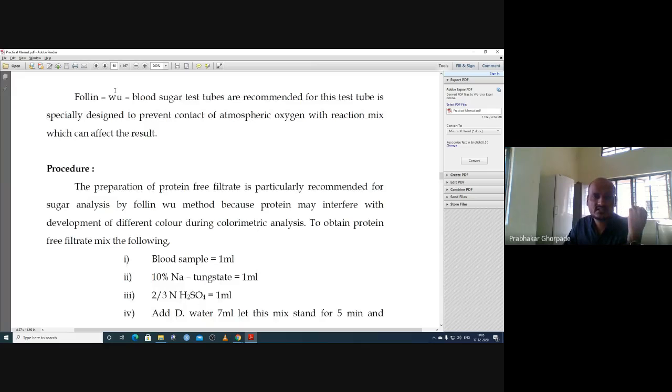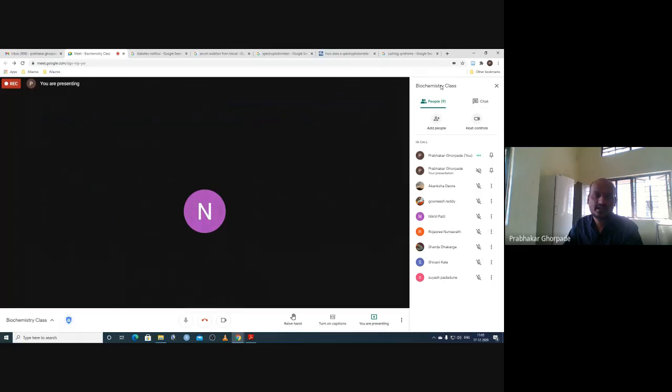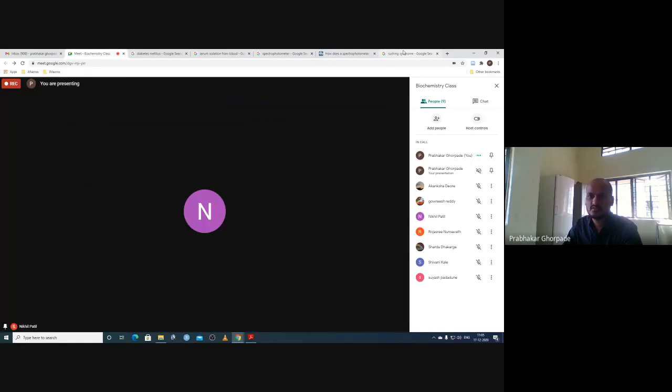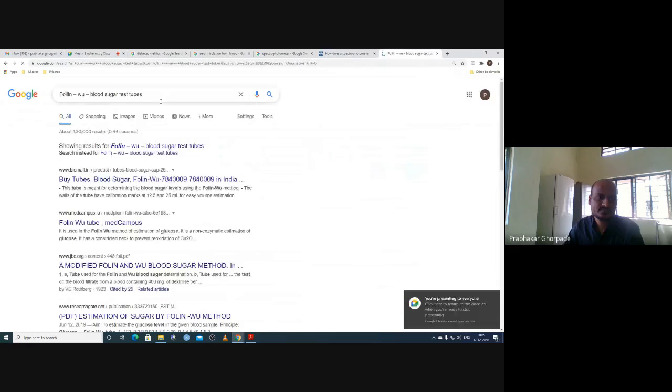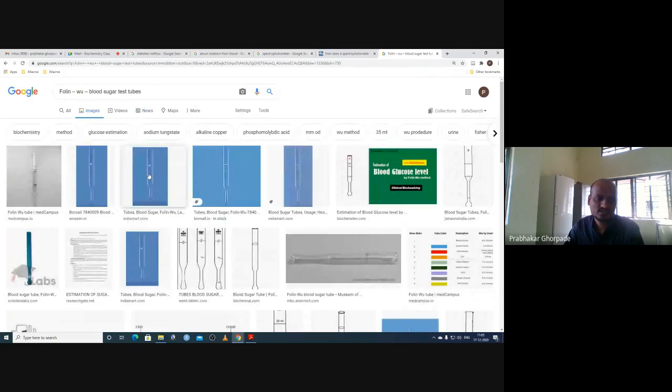The special equipment needed is the Folin Wu blood sugar tube, recommended for this test, which is especially designed to prevent contact with atmospheric oxygen. Let's see if we can find this tube. This is how the tubes look.